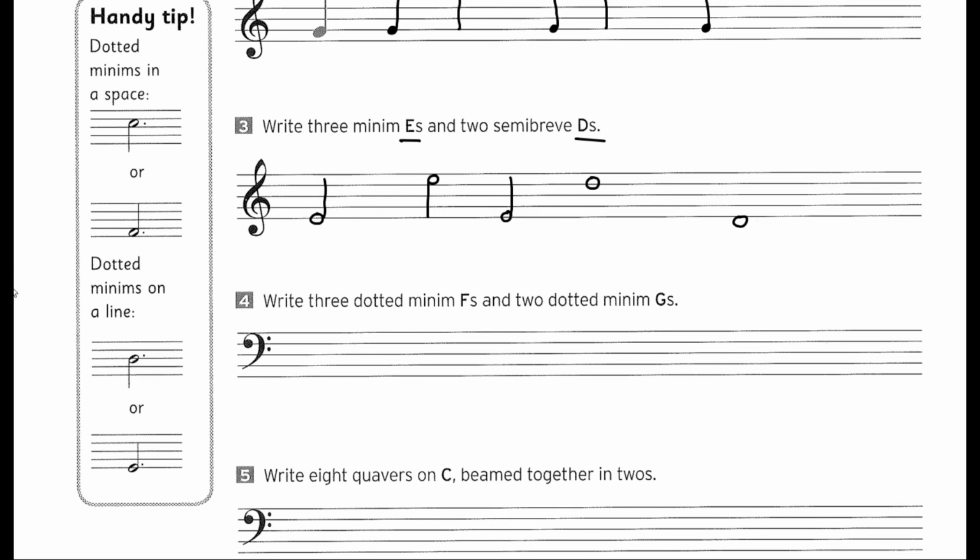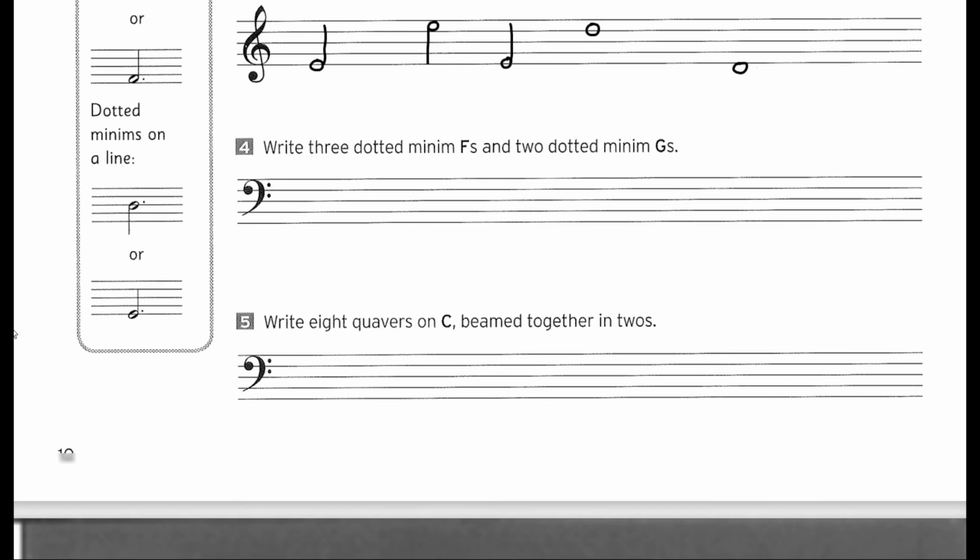Okay, next we have write 3 dotted minim Fs and 2 dotted minim Gs. Okay, this is your bass clef. So first F, let's make it here, dotted minim. Okay, second F, let's make it here, and let's make one more here.